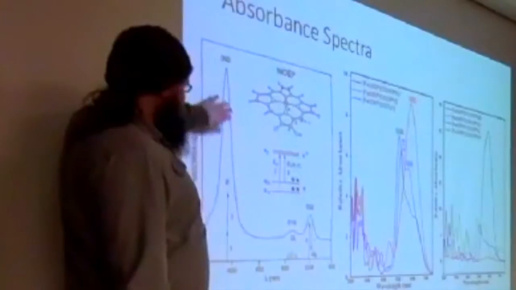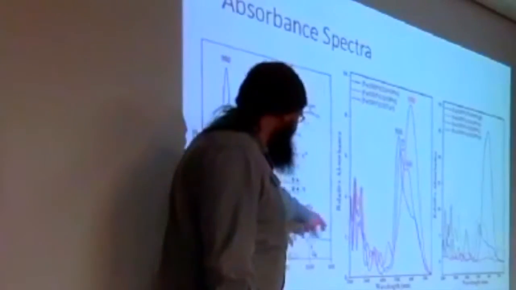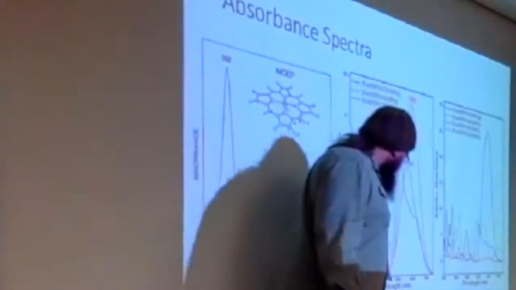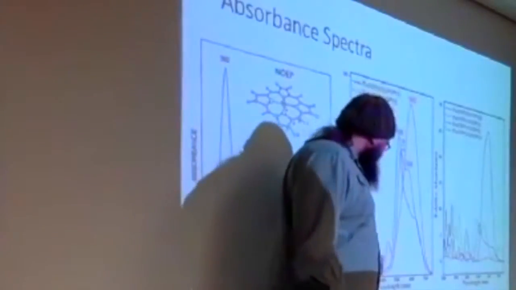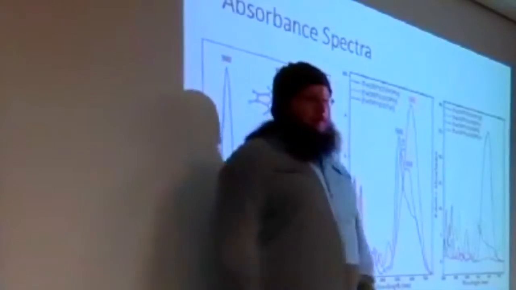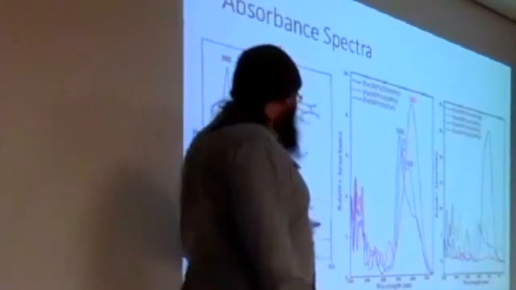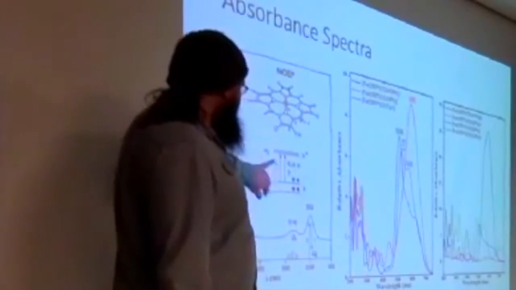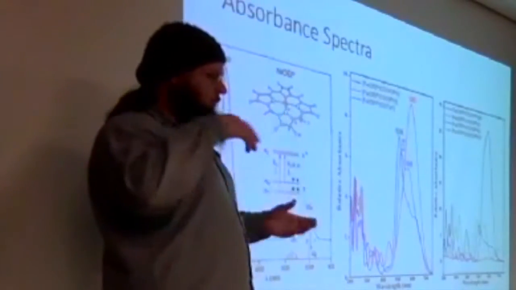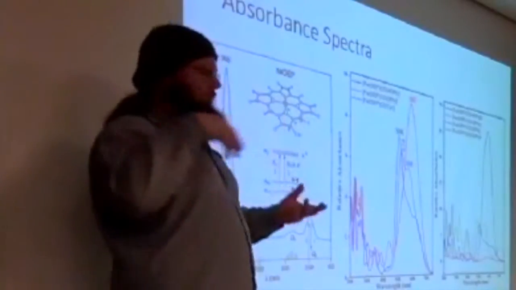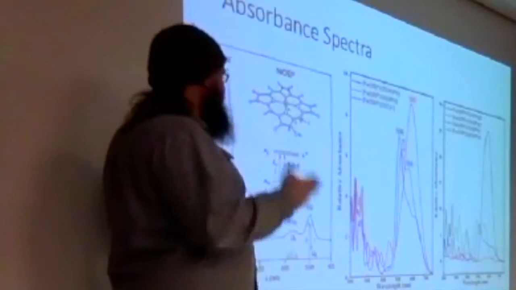So you can see here, it should be something around 400 and something around 500 or so. But right here around 400, there's not much going on for absorbance intensity. And the reason is that the porphyrin ring interacts very interestingly with itself.